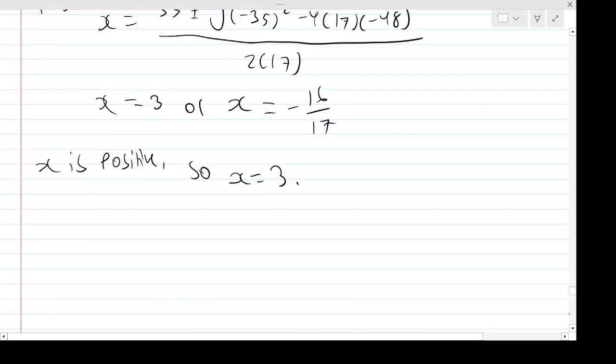So if I restate this triangle down here, hang on. There we are.